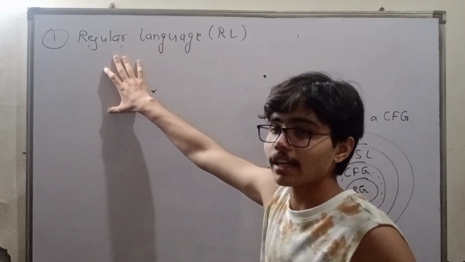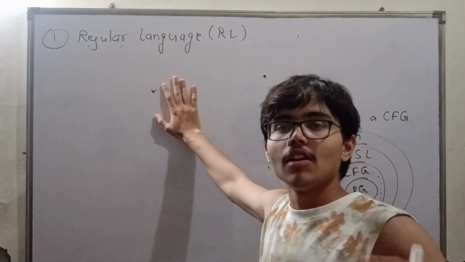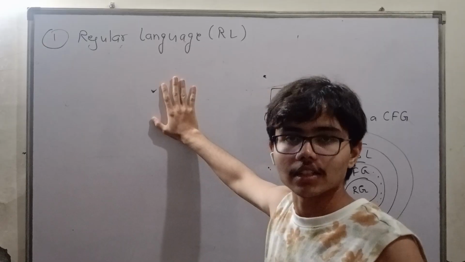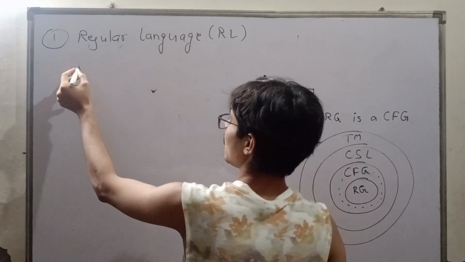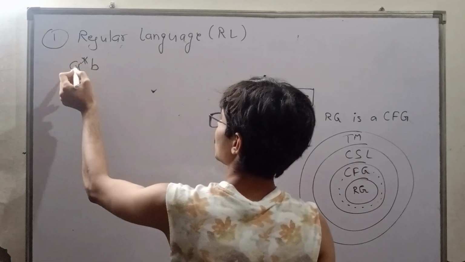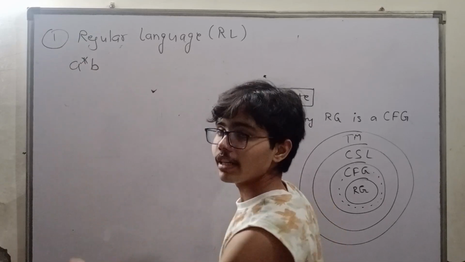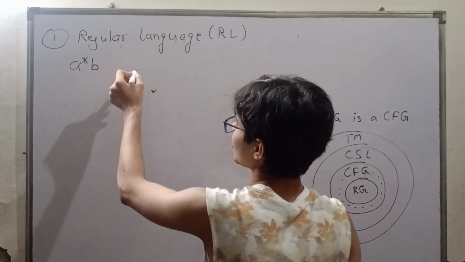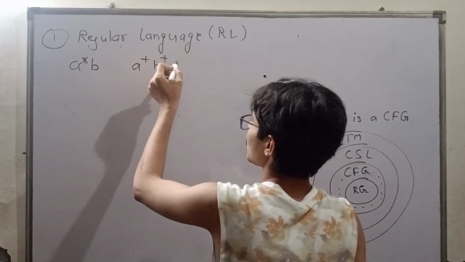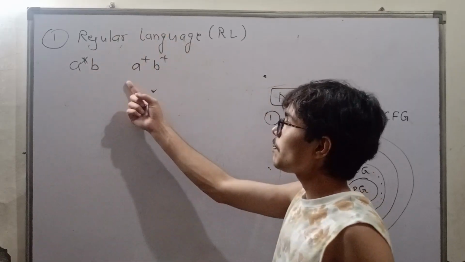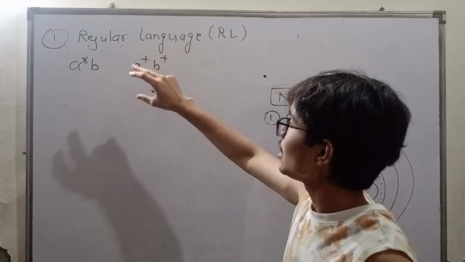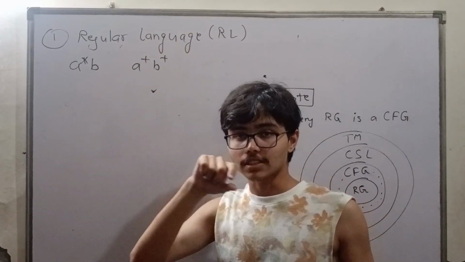Okay, a regular language is a language which follows some pattern, like A star B. You can make a DFA of this very easily. A plus B plus, also: here is a certain pattern you can see and analyze, and you can make a DFA of these things.